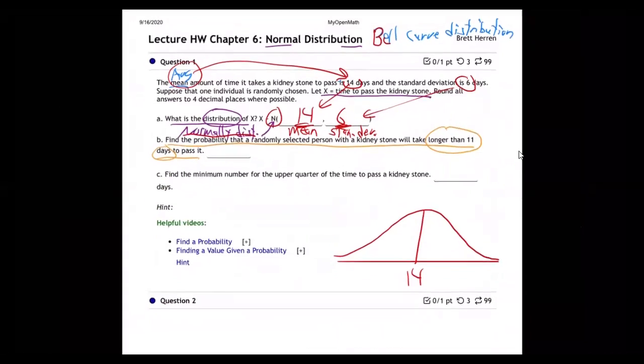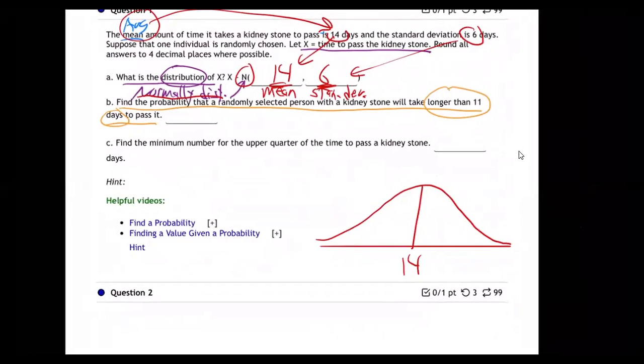What value did they mention? Do you see the other number they gave me in this problem? Right there, 11. So where is that 11 going to go? 11 is smaller, right? So it's going to be like over here. And in fact, go all the way up to the curve like that.